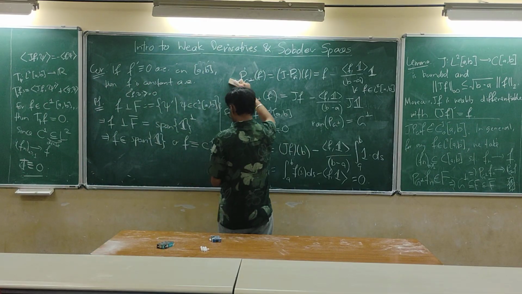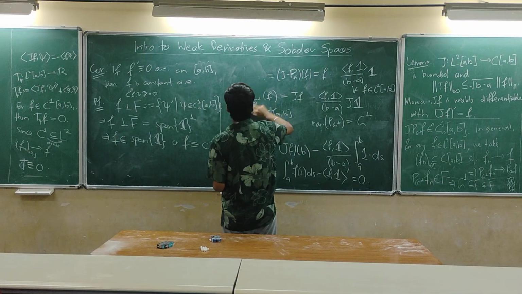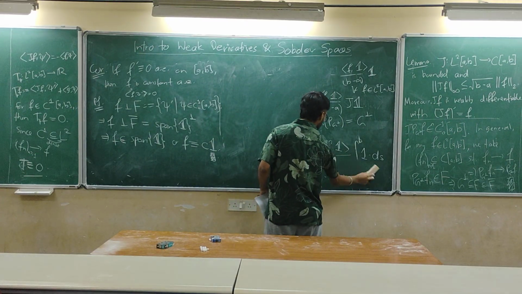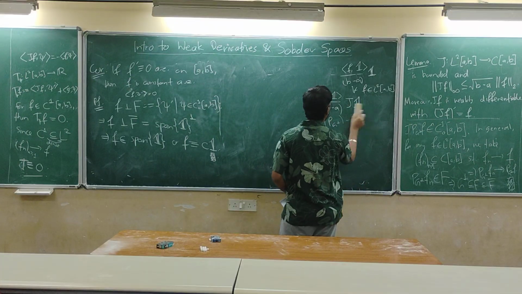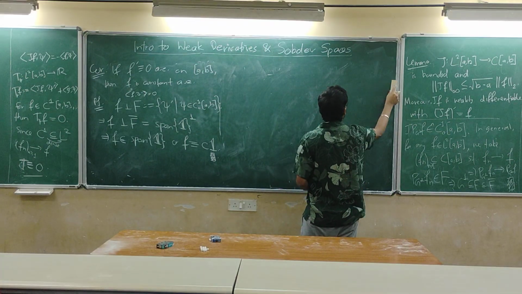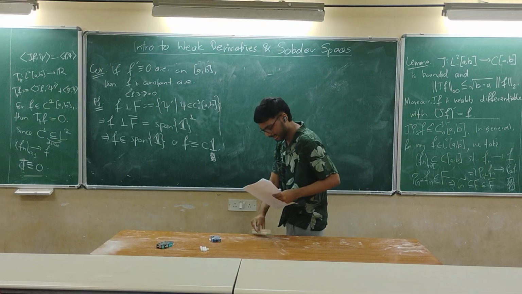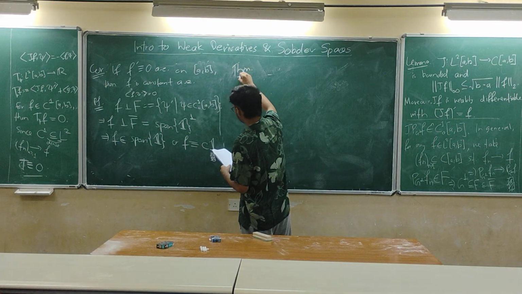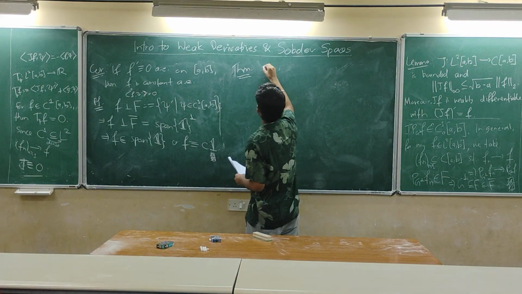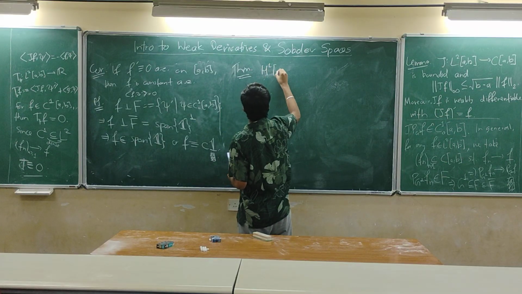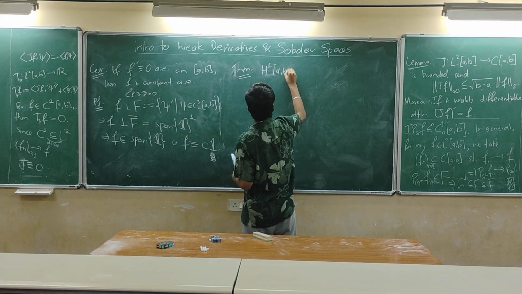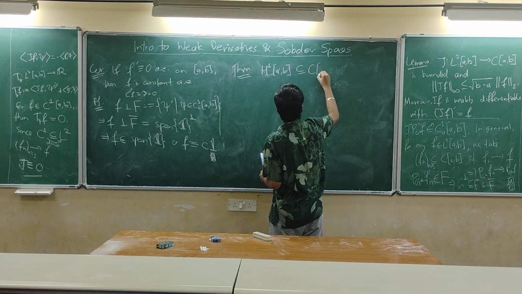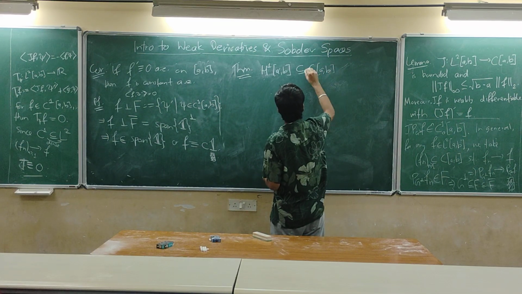From here, we can characterize H1 properly. And this is a good theorem. It basically says that the space of weakly differentiable functions embeds into C. I shouldn't write subset.